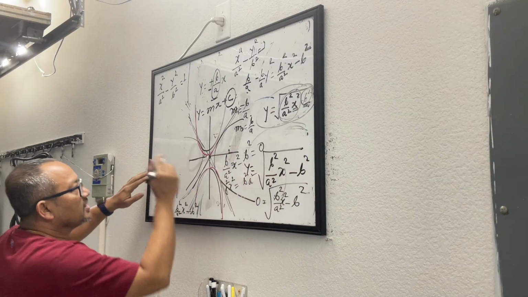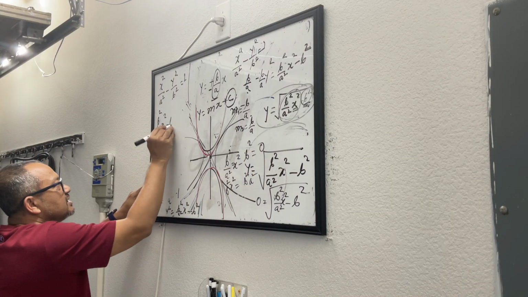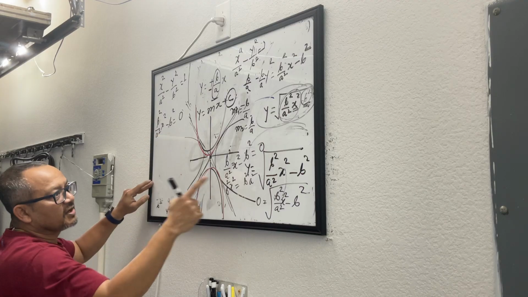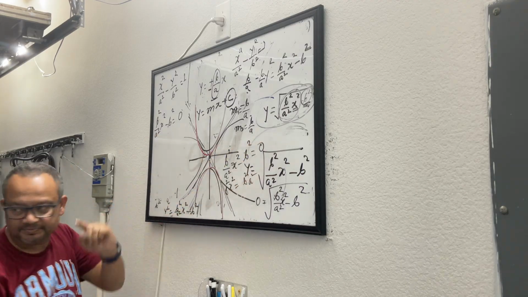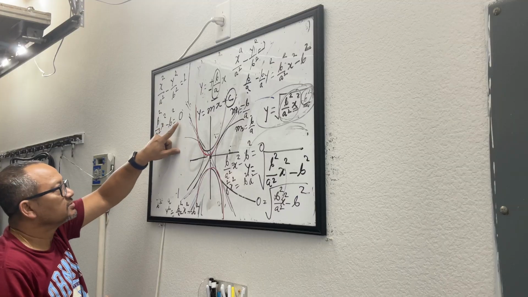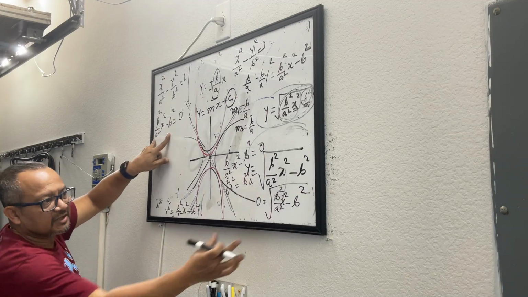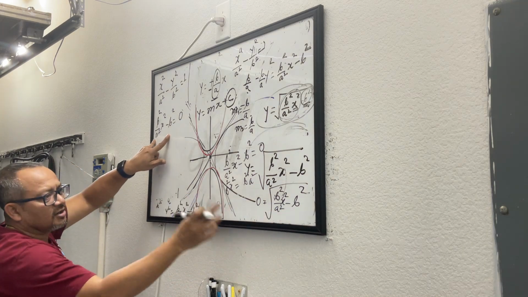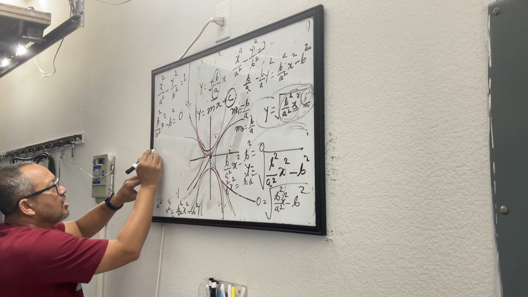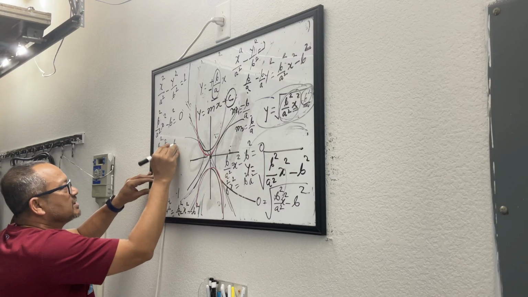So from this one, b square by a square x square minus b square equal to 0. We said, okay, what happens when y is 0? When y is 0, the square root will be equal to 0, so the same thing will be 0, or b square by a square into x square equal to b square.